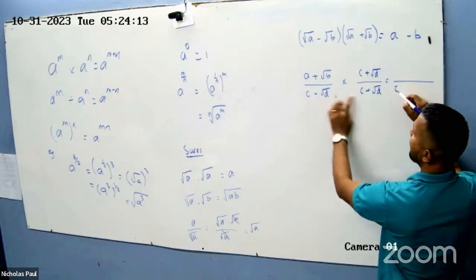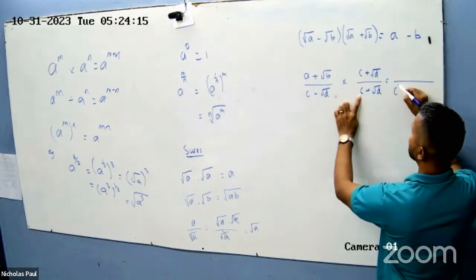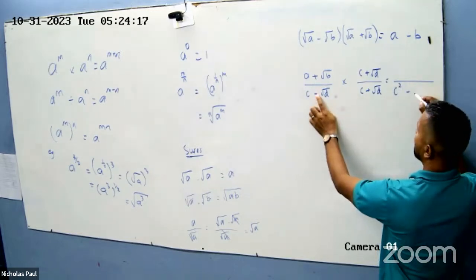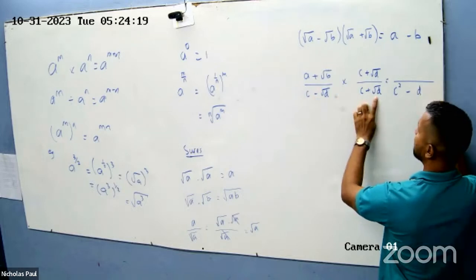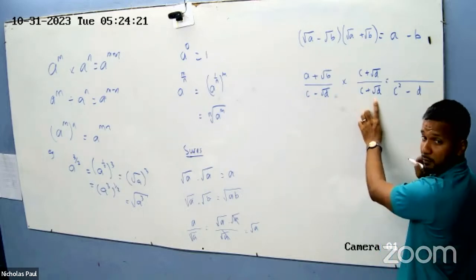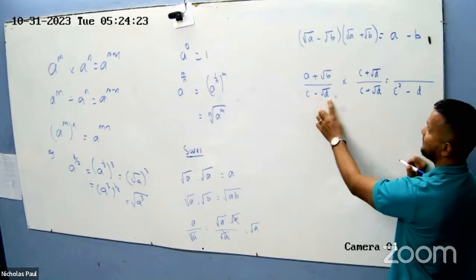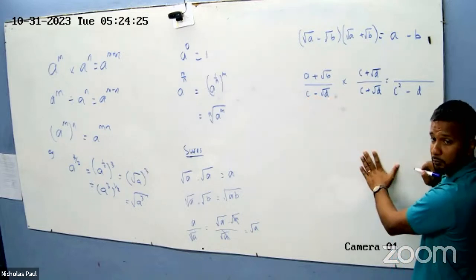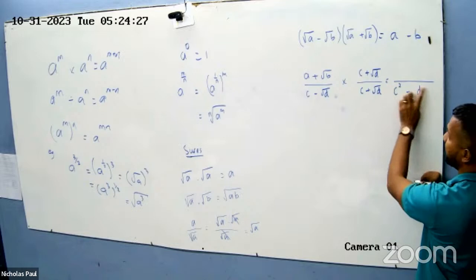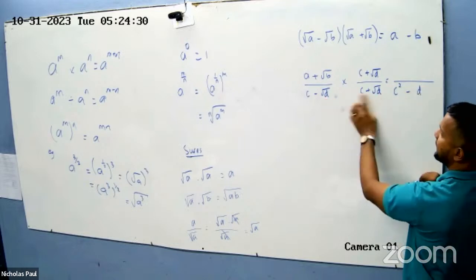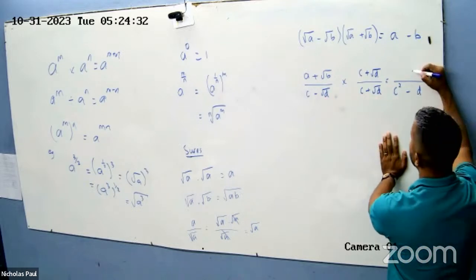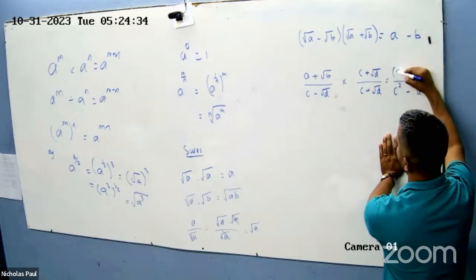It will be c by c, which is c squared, minus root d by root d, which is d. So it's always this squared minus this squared, and this is something real. No more surds. And then the numerator, well, we had to work out that.